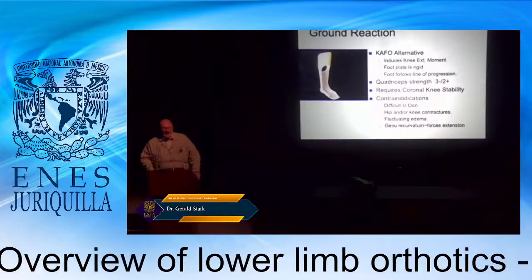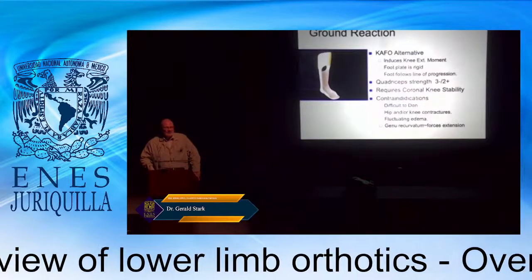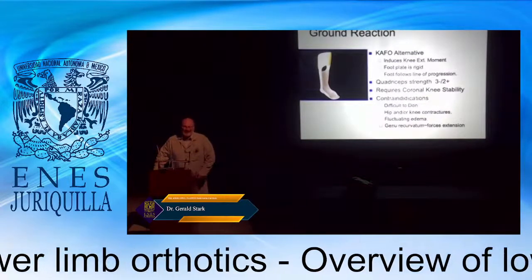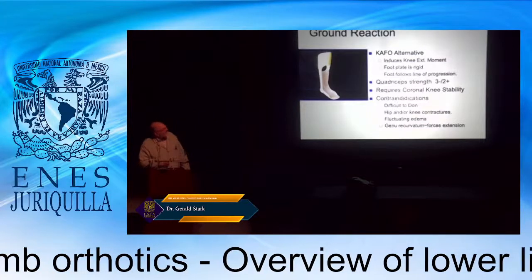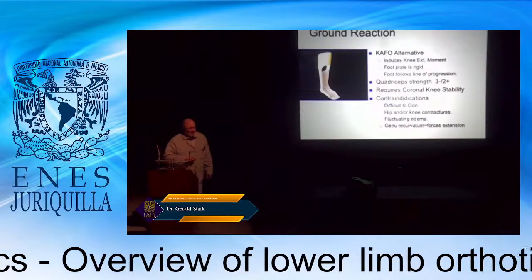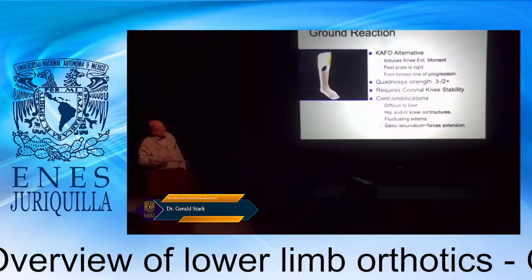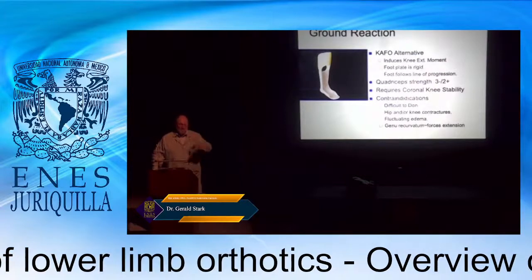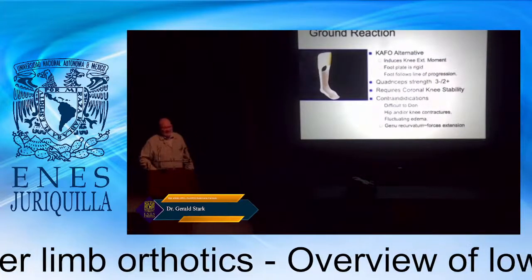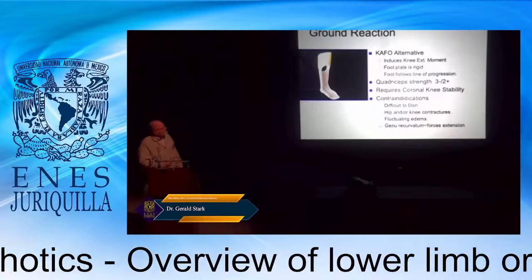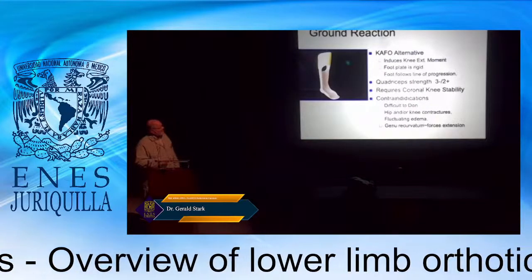Now, a ground reaction orthosis, sometimes they'll call them GRAFOs, ground reaction ankle foot orthosis. This has an anterior panel, and the anterior panel is meant to push into it and provide extension at the knee. So if we needed more extension at the knee and the knee was in a stabilized position, you could use this ground reaction device.